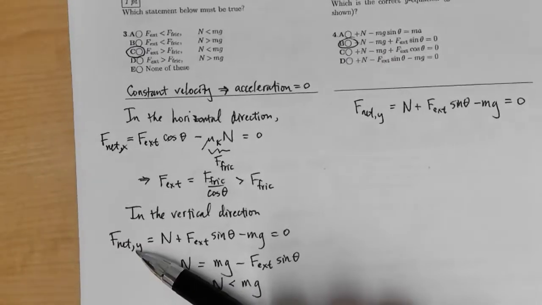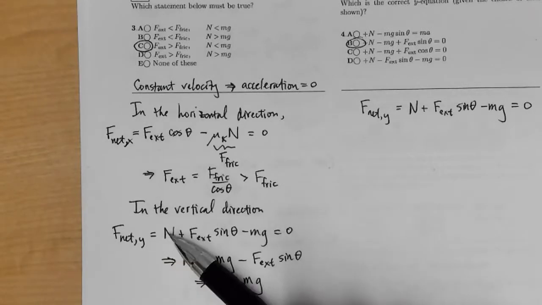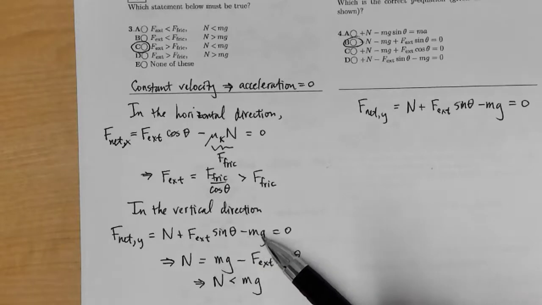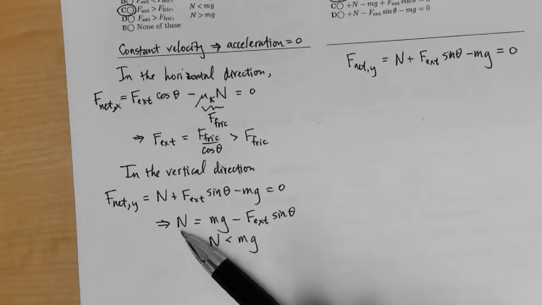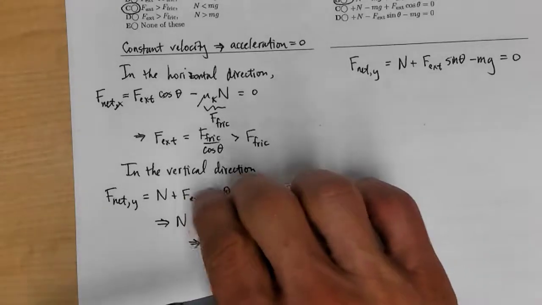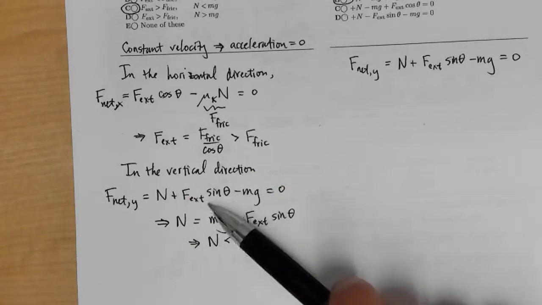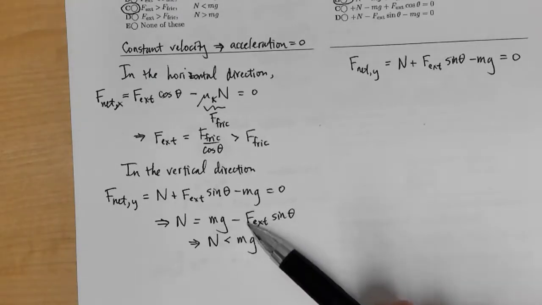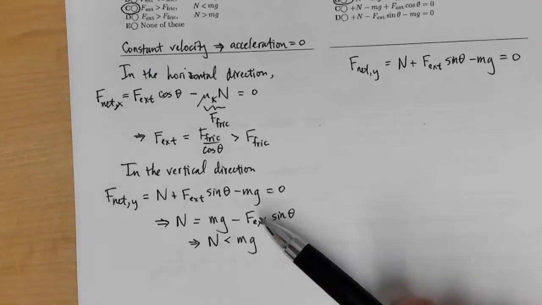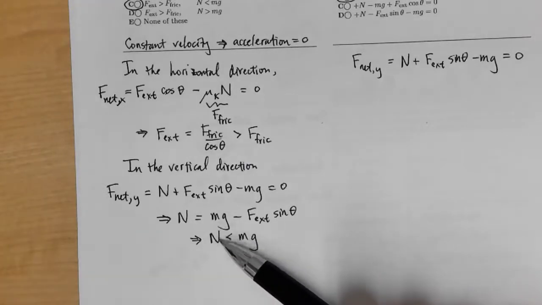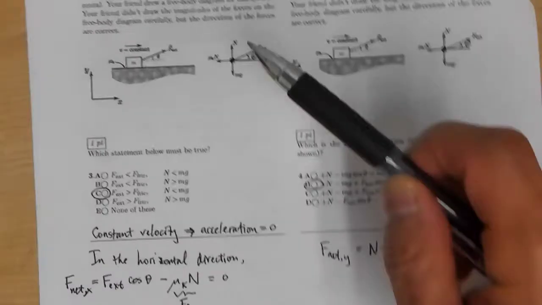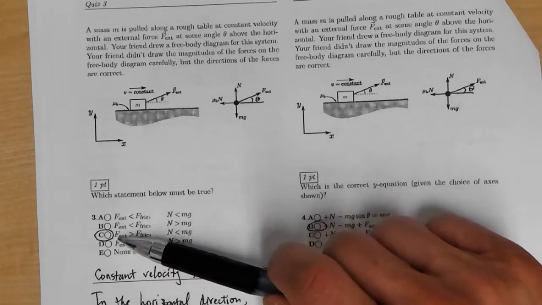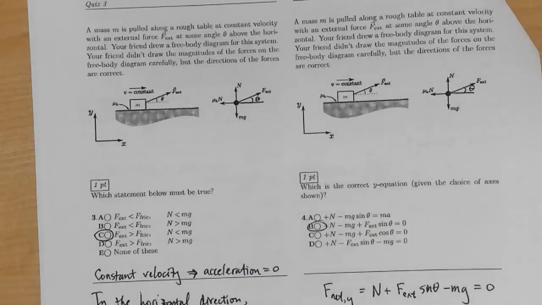F net y is equal to 0 because there's no acceleration. We have normal force plus F external times sine of theta minus mg, which must equal 0. So the normal force is equal to mg minus F external sine of theta. But this is some positive number that we are subtracting, therefore the normal force is less than mg. So the normal force is less than mg, and the external force F is greater than the force of friction.